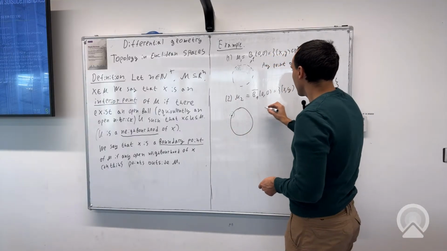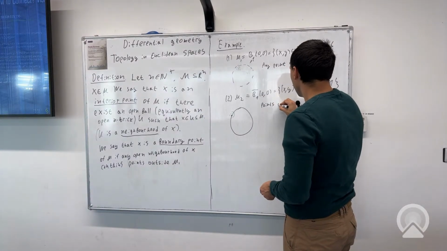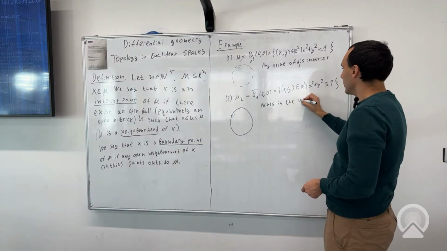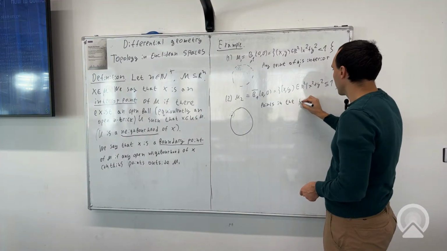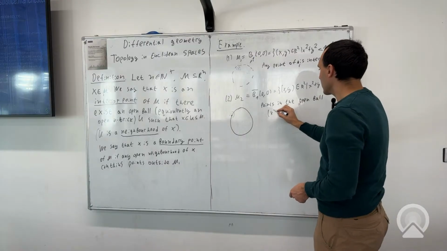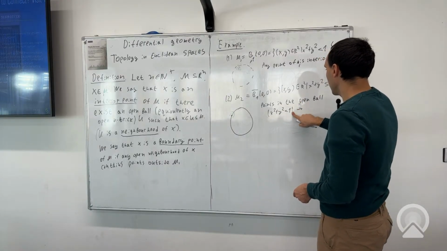So points in the open ball, so x squared plus y squared is less than 1, are interior.